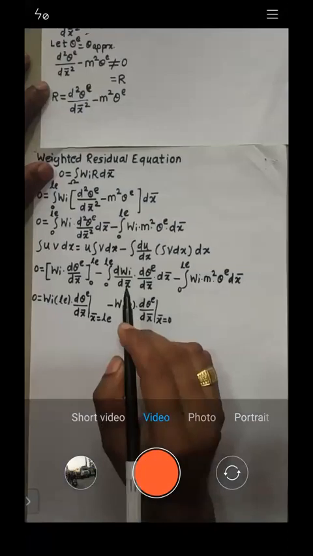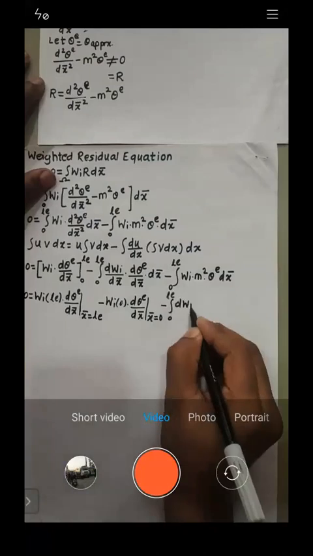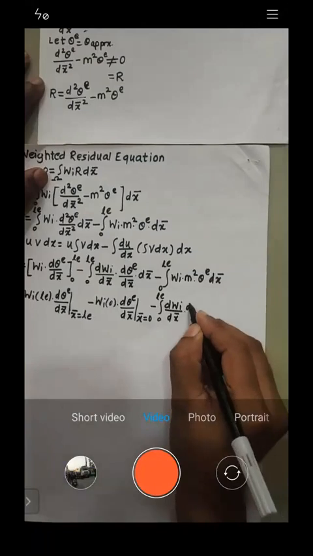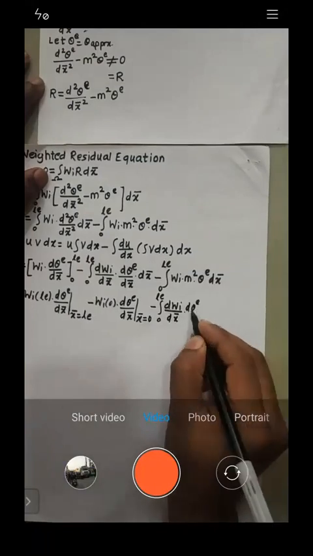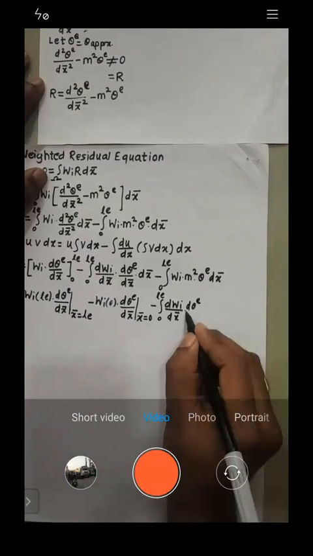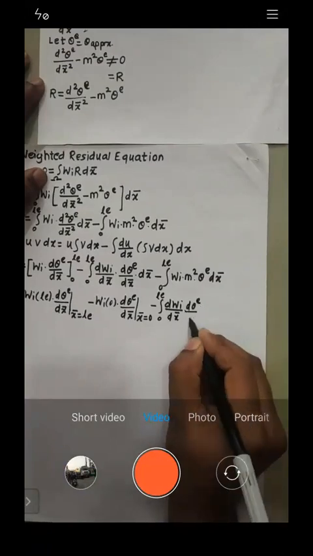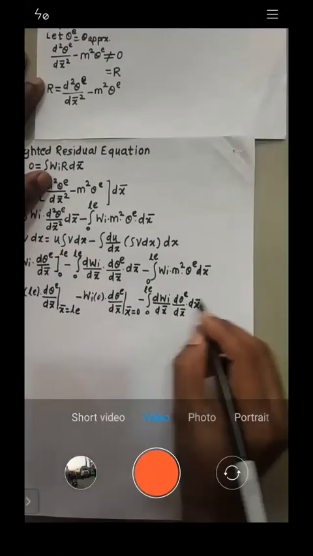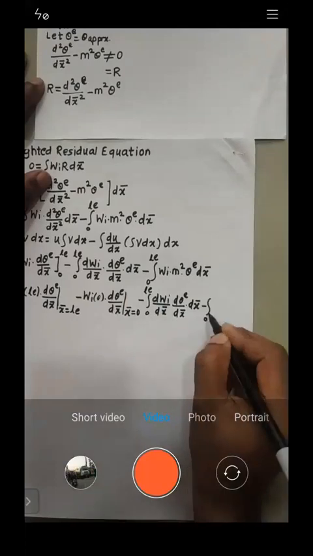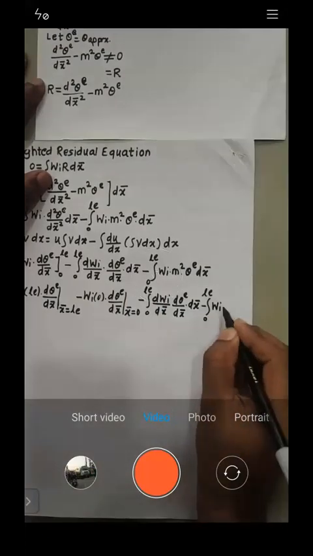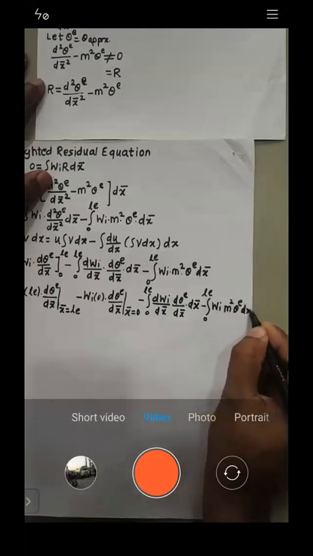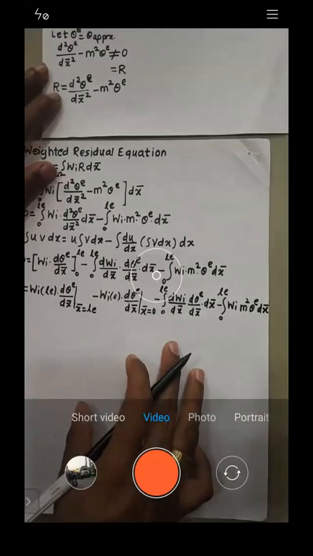So minus 0 to LE dwi by dx bar into d theta e by dx bar into dx bar. Is it okay? This term I have written as it is. Minus 0 to LE wi m square, right, theta e dx. Okay, yes or no? Let me know.